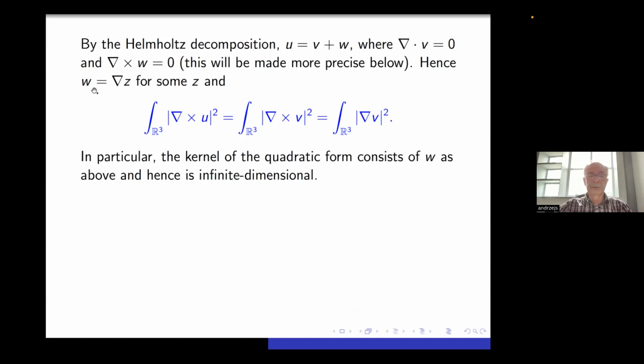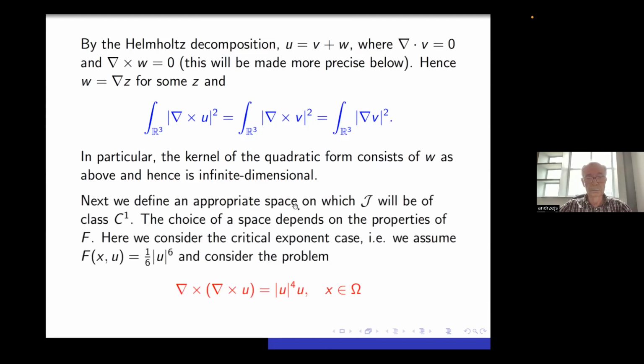Now, if w is curl free on R3, then it is well known that it is the gradient of some function z. So if one takes curl of w, it will be 0. Therefore, one has this equality, and finally, v is divergence free, so one can replace curl v by gradient of v. So the kernel of this quadratic form will consist of all functions which are gradients.